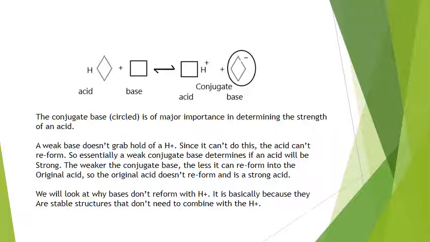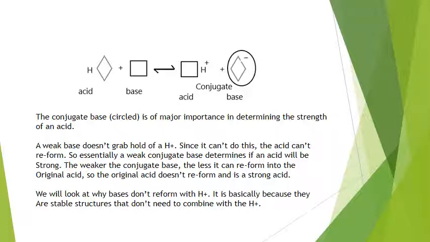It's actually the conjugate base that makes the strong acid, because if the conjugate base can grab hold of an H and become the acid again, then the acid isn't strong. But if it doesn't grab hold of H that well, then the acid will appear to be strong. So the weaker the conjugate base, the less it can reform into the original acid, so the original acid doesn't reform and is a strong acid.